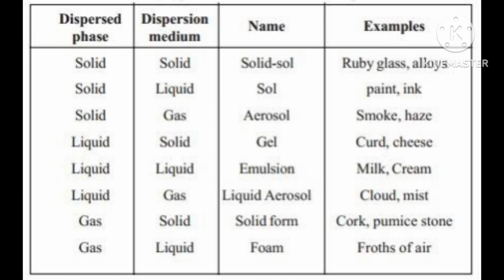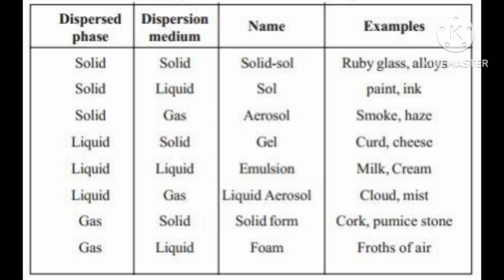Now come to the gas. Gas you have to write two times, because there is gas plus solid and gas plus liquid. Gas plus gas, no, because it is homogeneous, and homogeneous comes under solution. Gas plus solid: gas is less, solid is more.